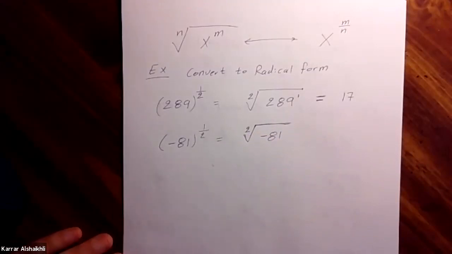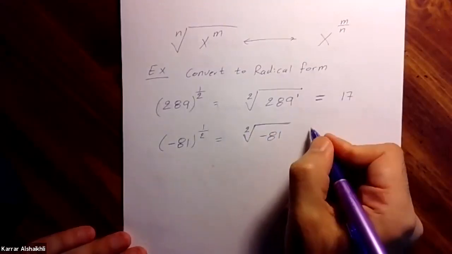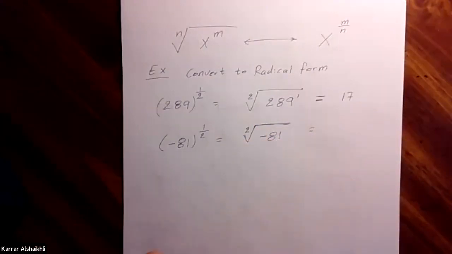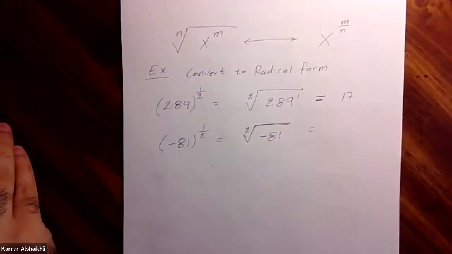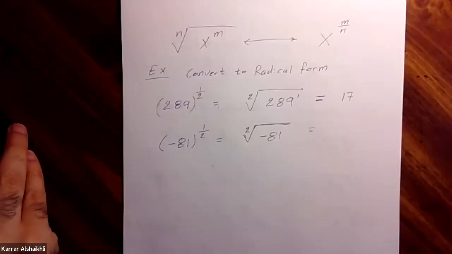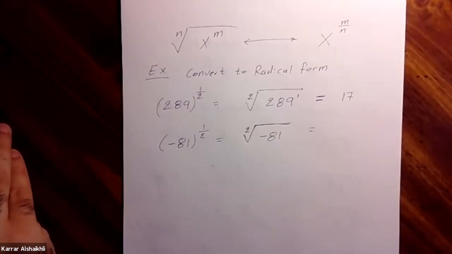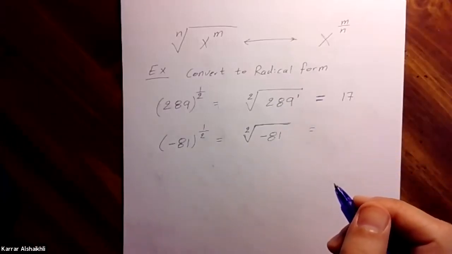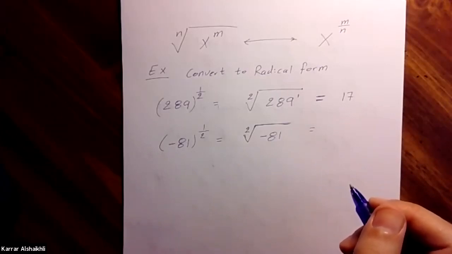Now, who's going to tell me how much the square root of negative 81 is? I'm going to give you an extra point on the test. 9i. 9i. Perfect. Who said 9i? Me, Larissa.